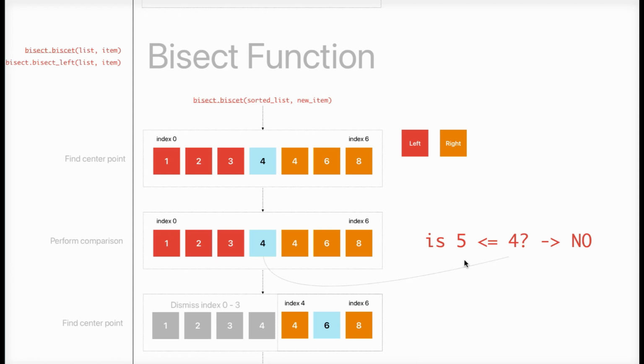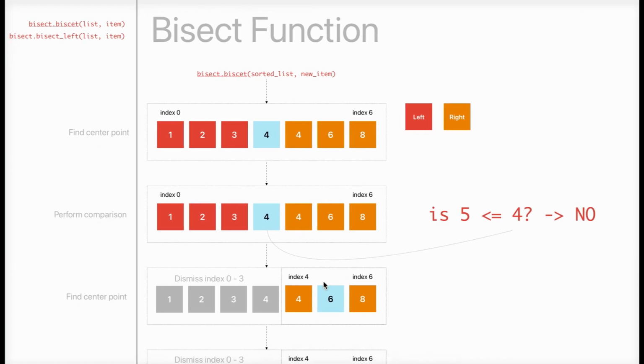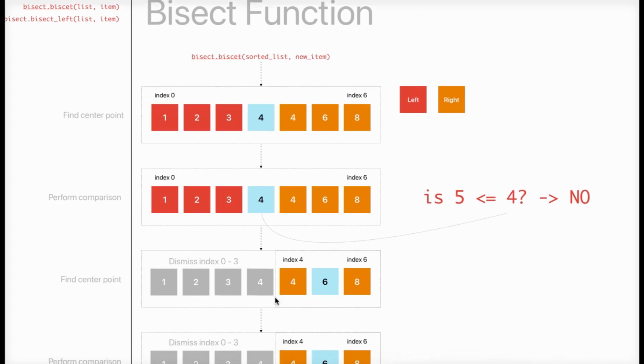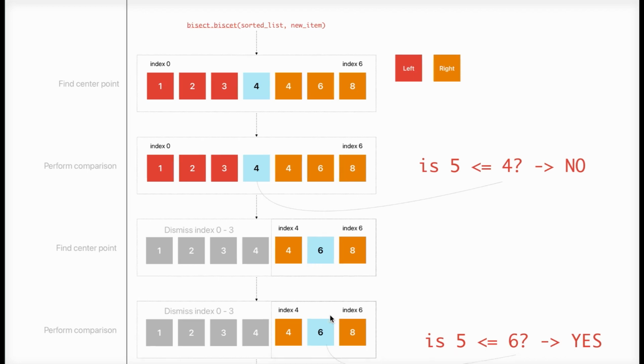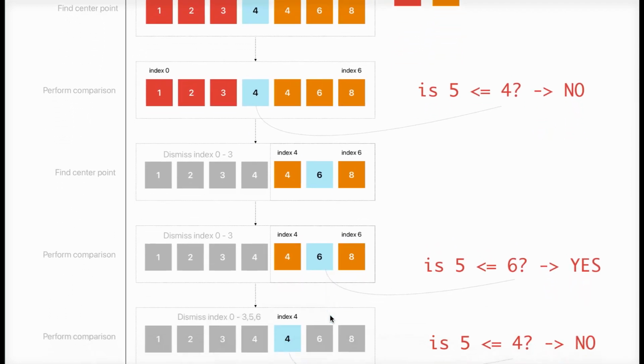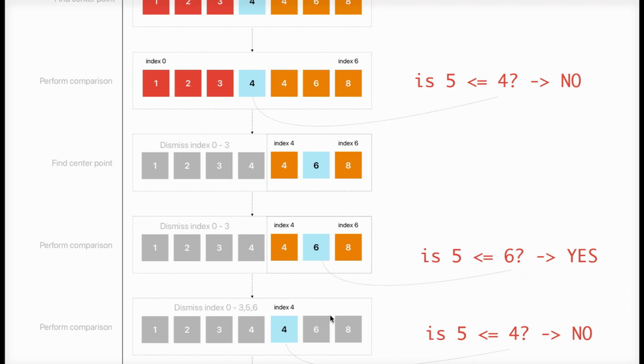The answer is no. So basically we ignore every item on the left side of that center and do the exact same thing, which is find the center in the remaining list. In our remaining list, which is 4, 6, 8, the center point is 6. We compare 6 against 5, checking whether 5 is less than or equal to 6.